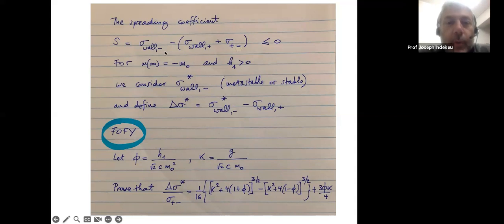But the wall minus surface free energy would not exceed yet the sum of the wall plus and the plus minus, because that would be the cost of a wet profile, and we're not yet there. So the wetting problem you can formulate in terms of this spreading coefficient. When the spreading coefficient is negative, we are in a non-wet state.